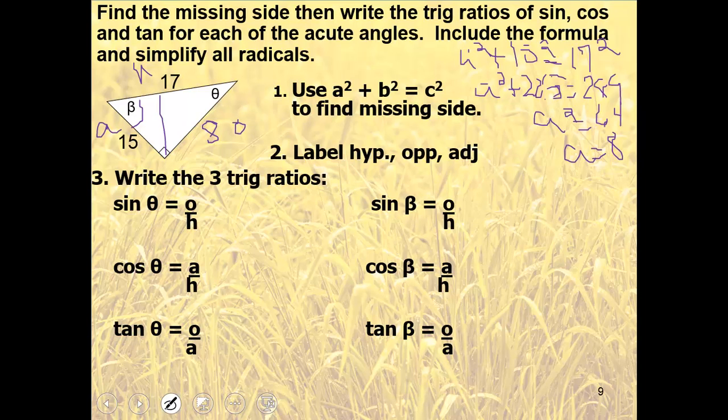So the sine of beta, opposite over hypotenuse, is 8 over 17. The cosine of beta is the adjacent over the hypotenuse, and that's going to give me 15 over 17. And then finally my tangent is opposite, which is 8, over adjacent, which is 15.